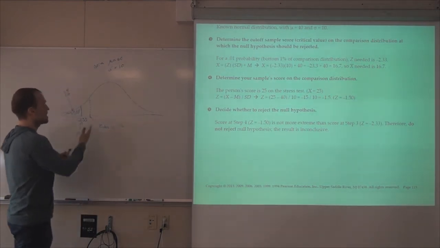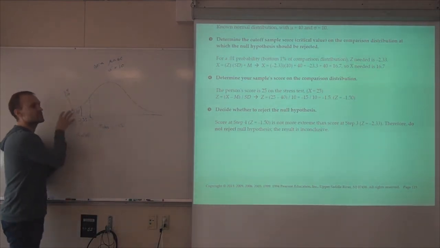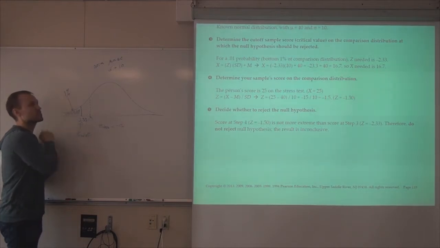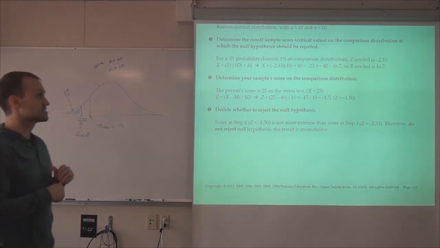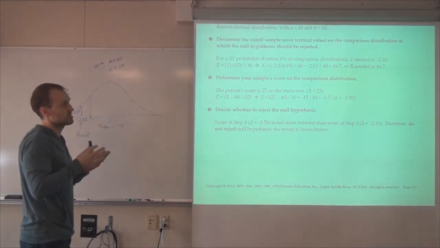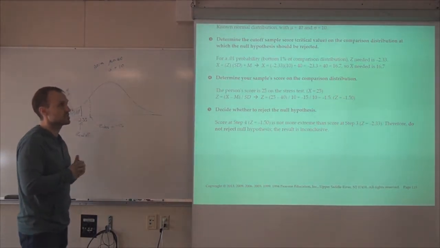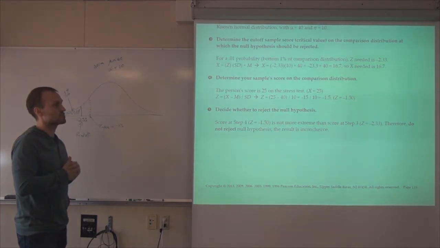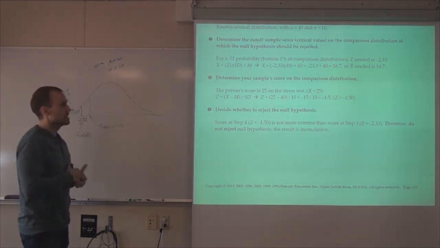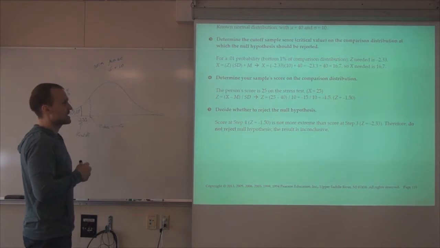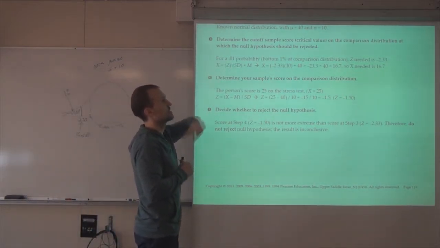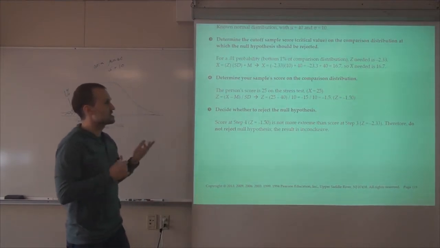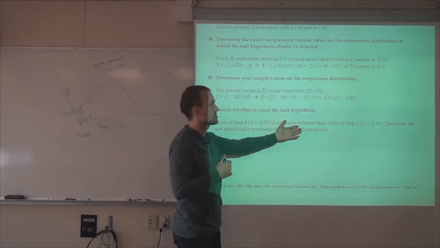So clearly that is not past my cutoff into the extreme region where I'd say, okay, that's extreme enough, the evidence is significant to suggest that the mean has changed from population 1 to population 2, lower in fact. This is not significant enough according to my desired significance level, so it's not more extreme.